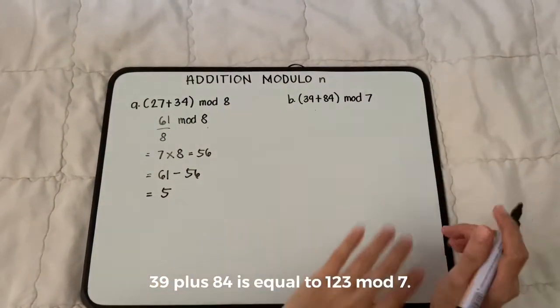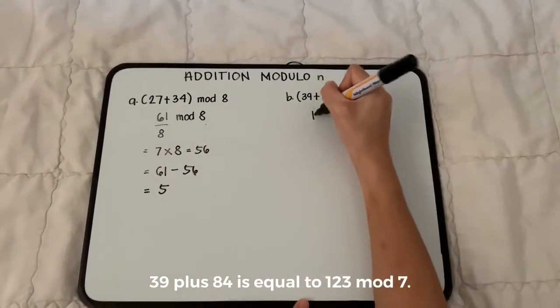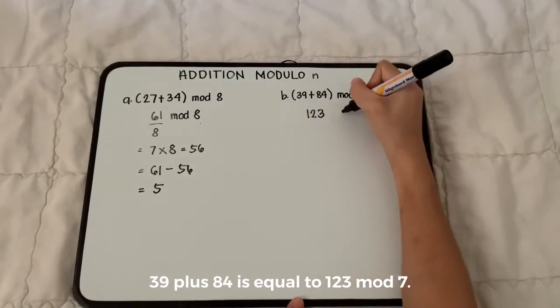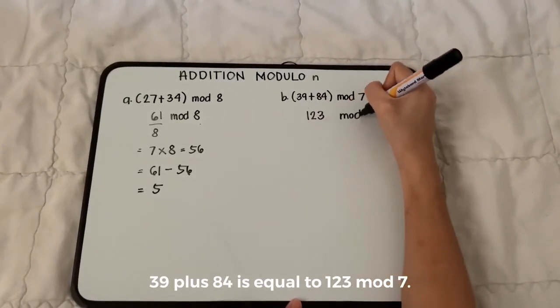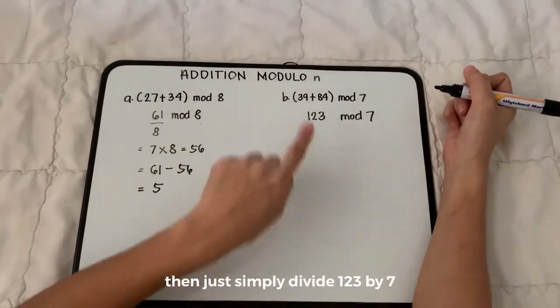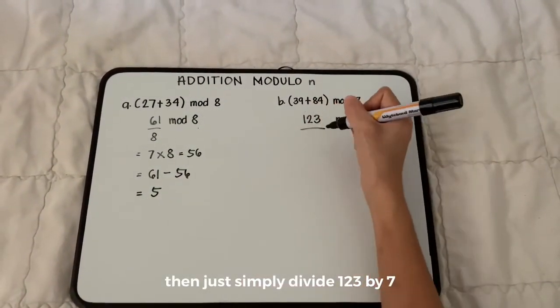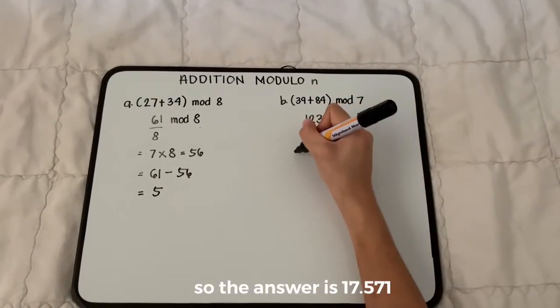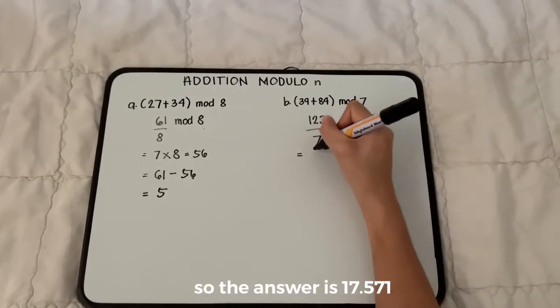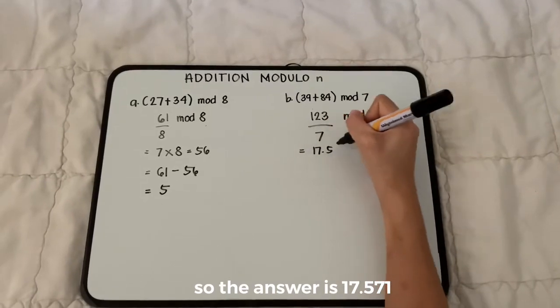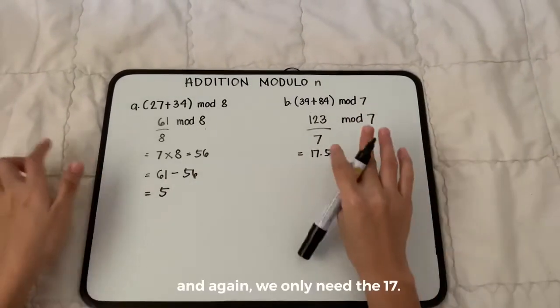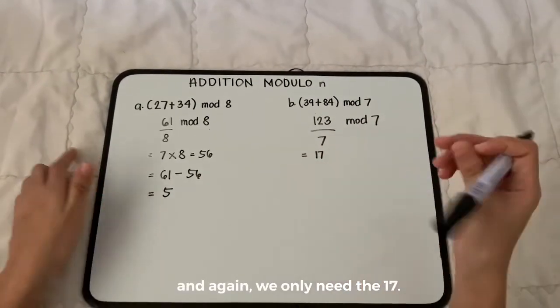So 39 plus 84 is equal to 123 mod 7. Then just simply divide 123 by 7. So the answer is 17.571, and again we only need the 17.